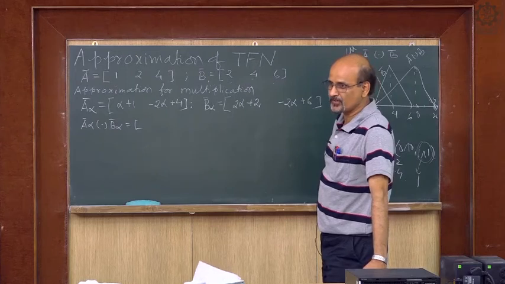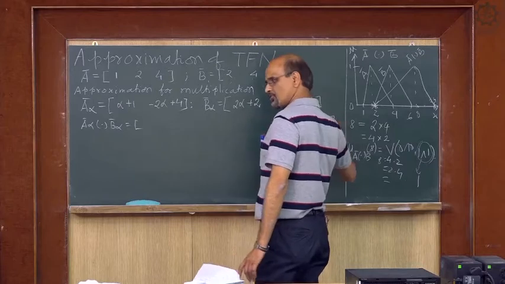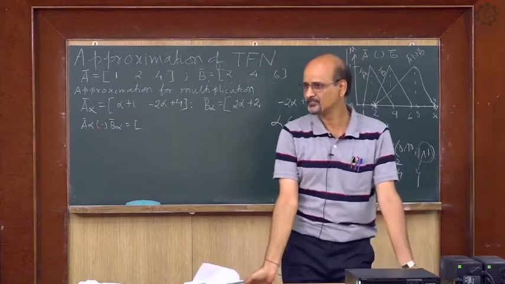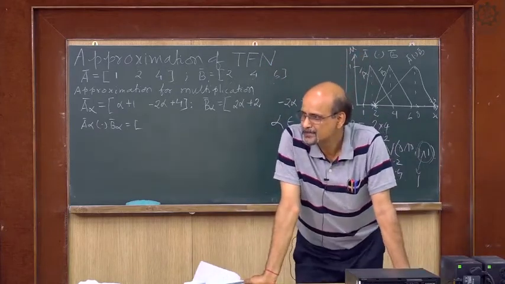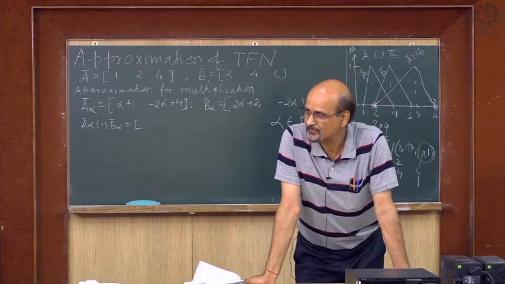It depends upon the value of alpha. You know alpha belongs to 0, 1, that you know. Alpha is alpha cut. Alpha plus 1 into 2 alpha plus 2, then minus 2 alpha plus 4 into... Why? What about the others? Because for multiplication we have a different rule.